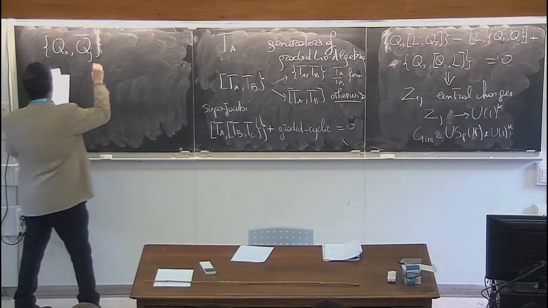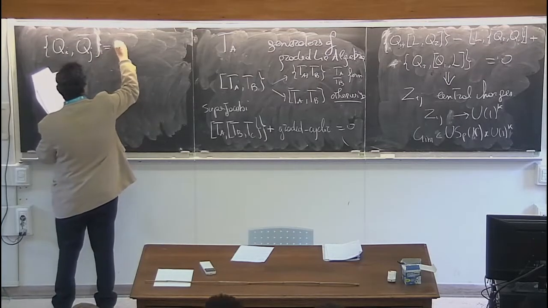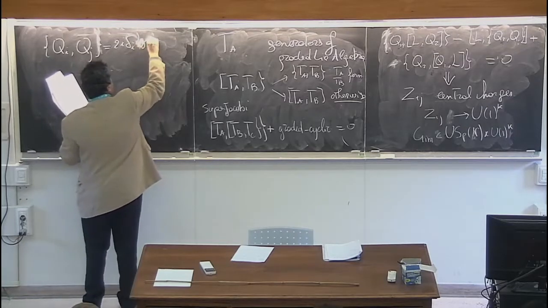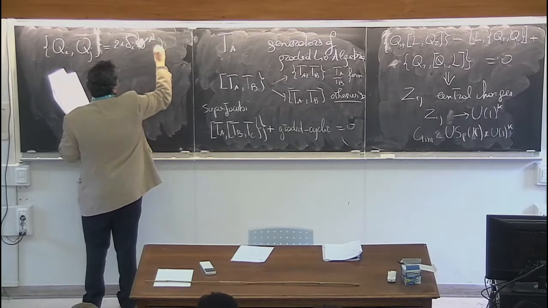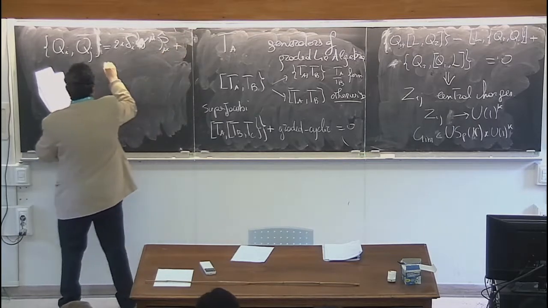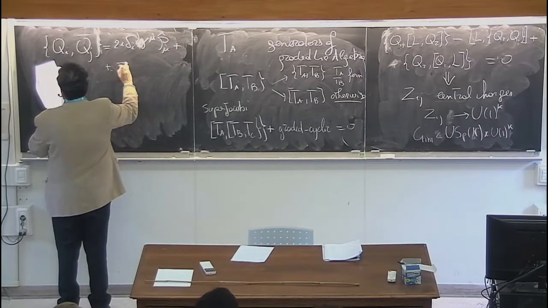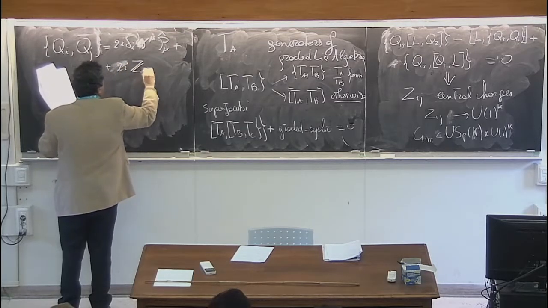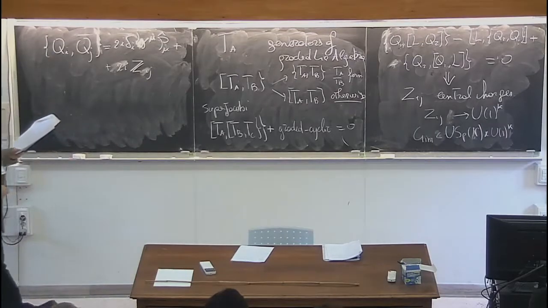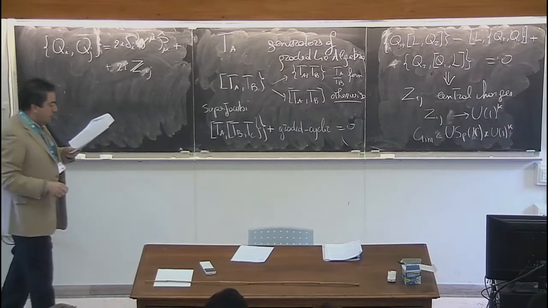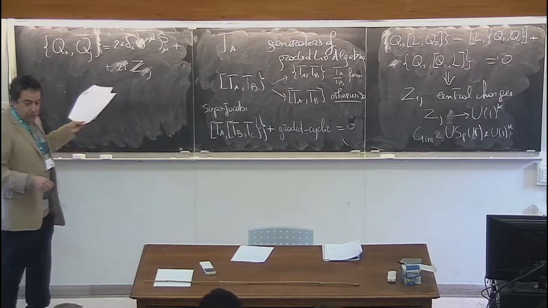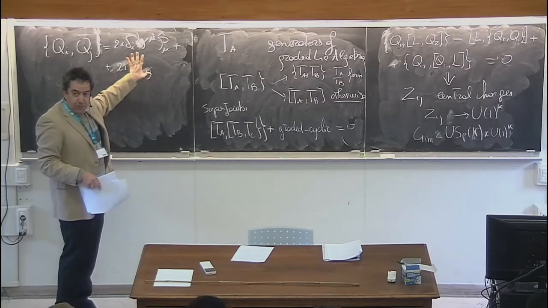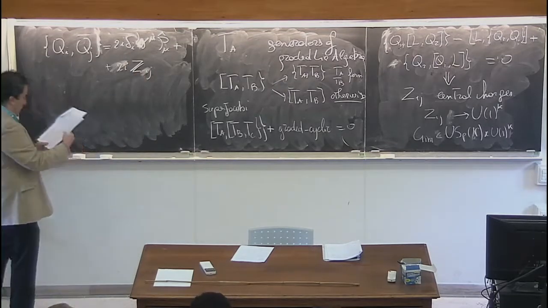And you can verify that this is equal to 2i delta ij gamma mu, with four-spinors, p hat mu, plus 2i a matrix Zij, where Zij now is a 4x4 matrix for each value of i and j, acting on spinors. And it has this form.